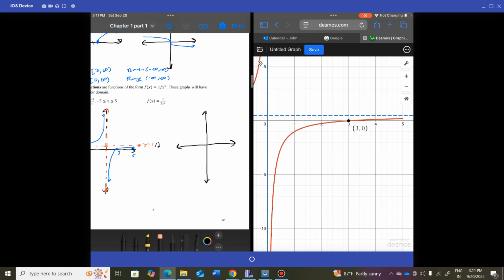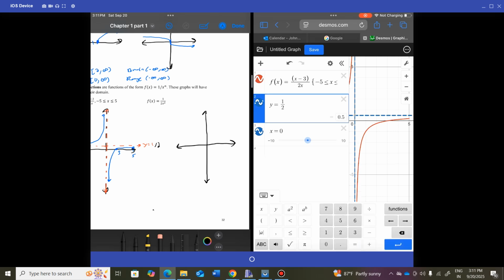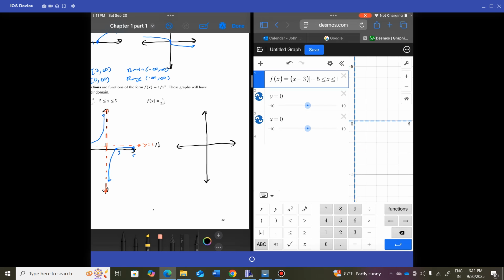Here, this one will have y equals 0 as an asymptote. One divided by 2x squared.